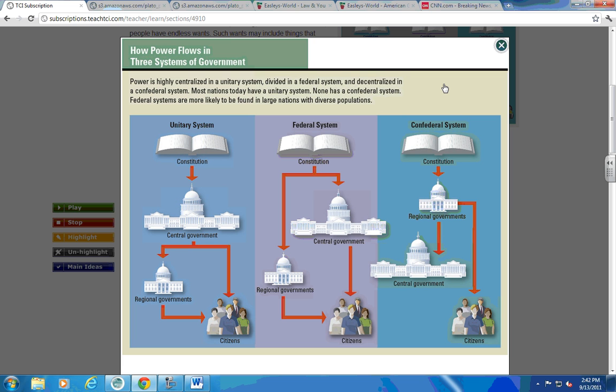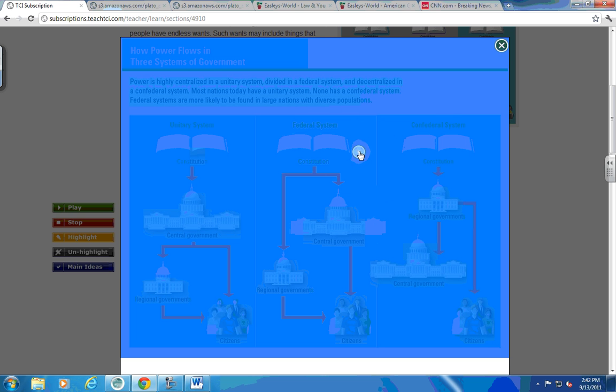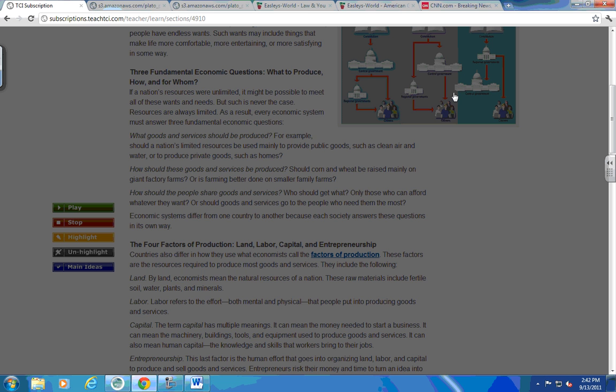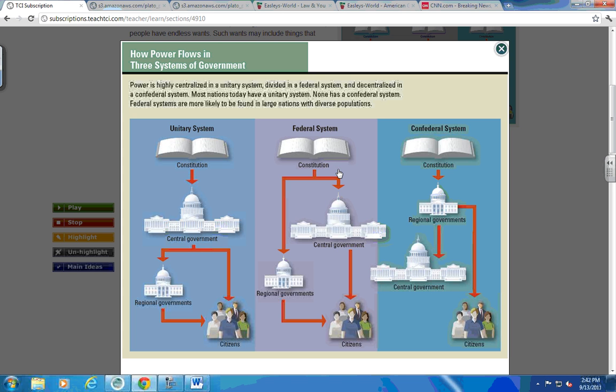Which one of these is the United States? Federal. In that you have a constitution, and really, down here, where it says Constitution, I think you could almost put an S there, because we have several constitutions here in the United States.